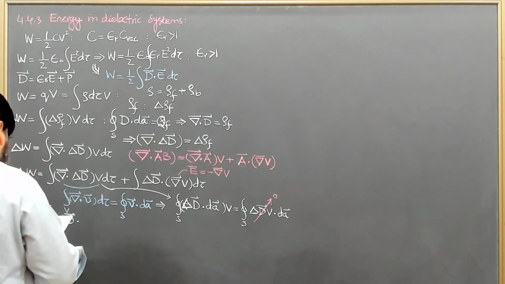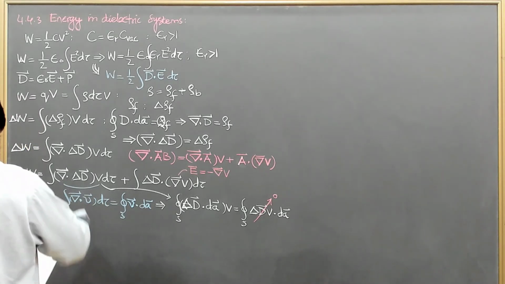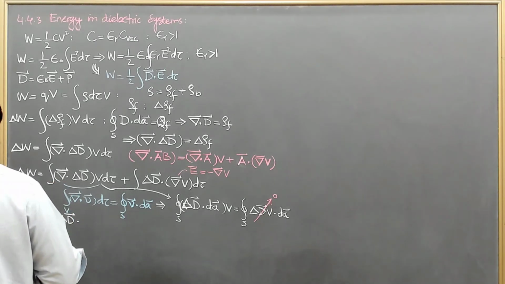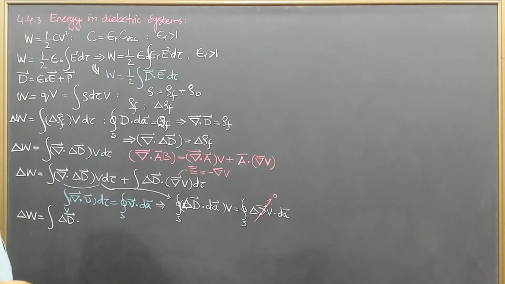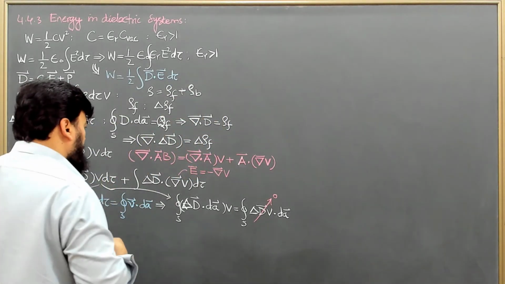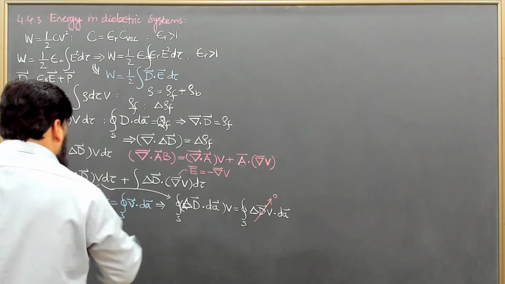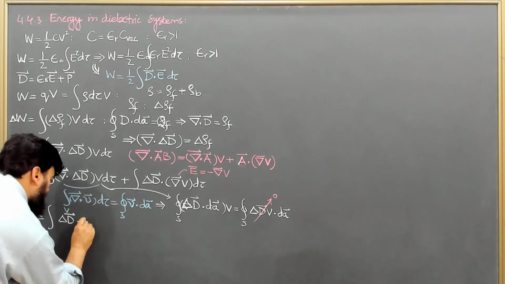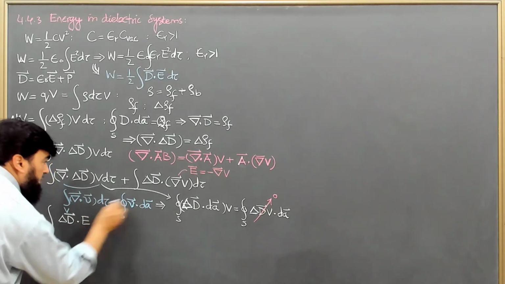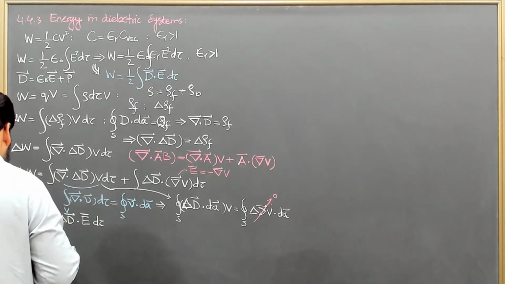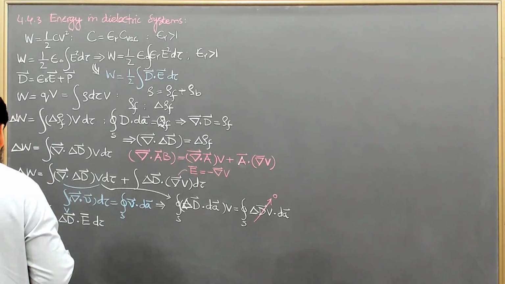I'm not considering the negative sign here, because it is only for reference, that we are bringing the charge from infinity to that point. So this is E dot delta D, d tau.